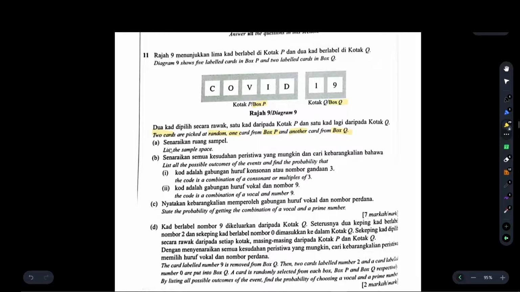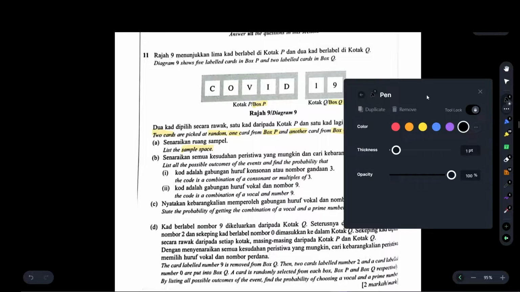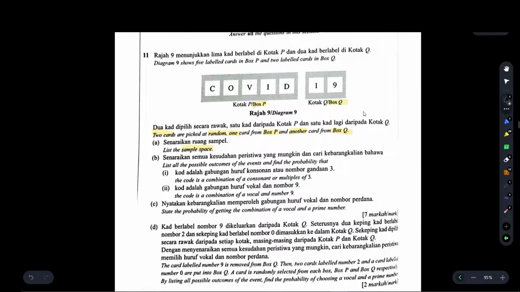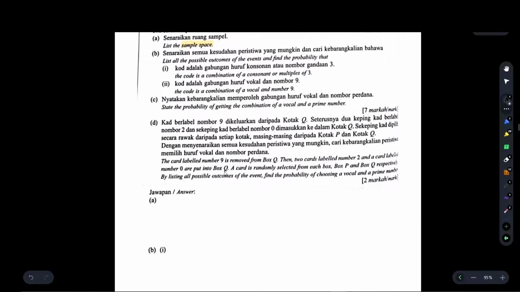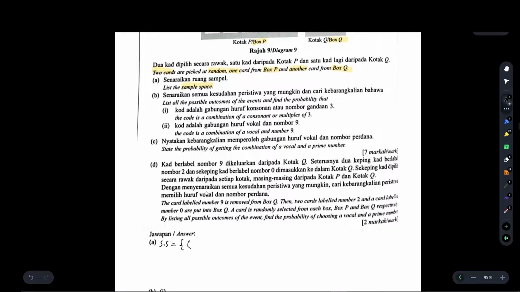Okay, so right now we're gonna list out the sample space. So sample space is basically all the possible outcomes. So yeah, we're gonna write it out. Let me be lazy here. So first let's start with C1 and then C9.